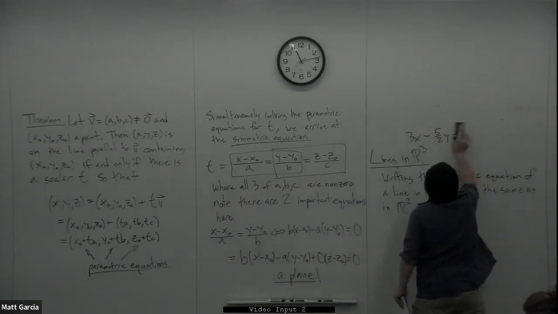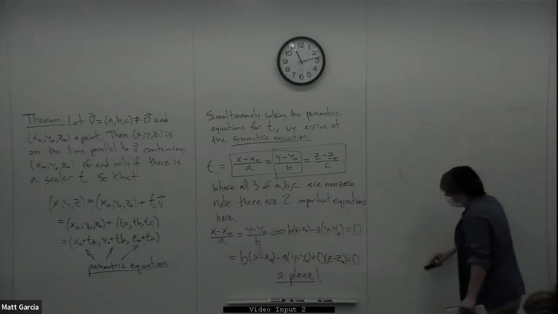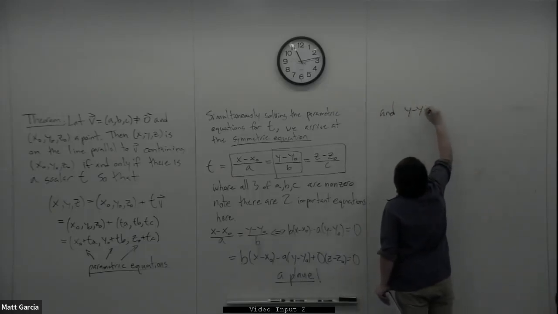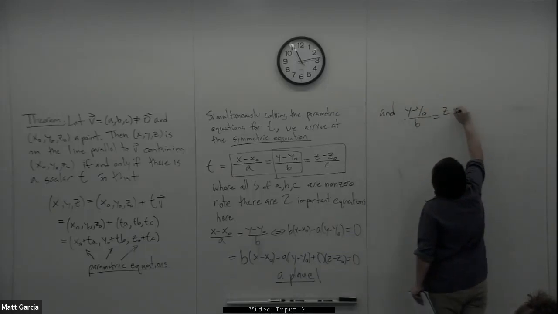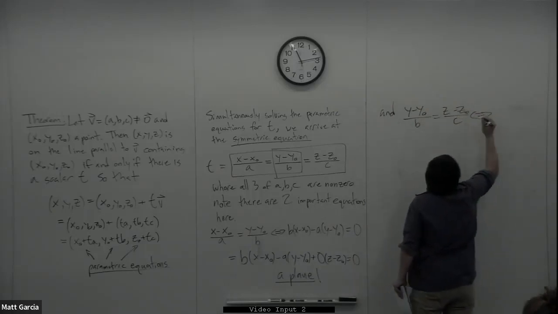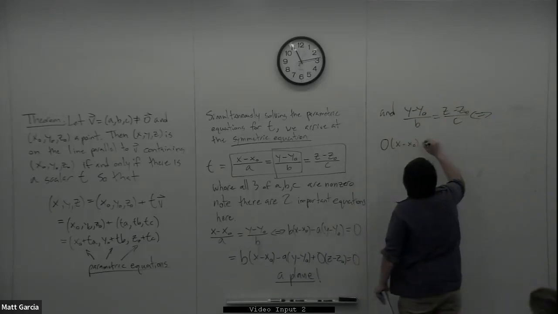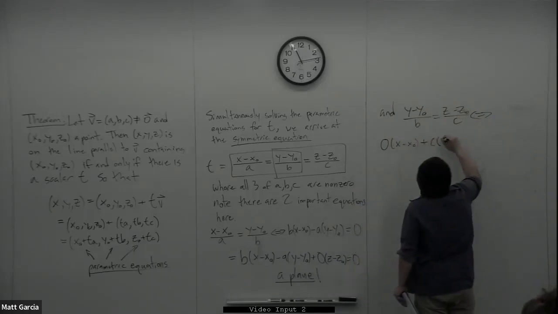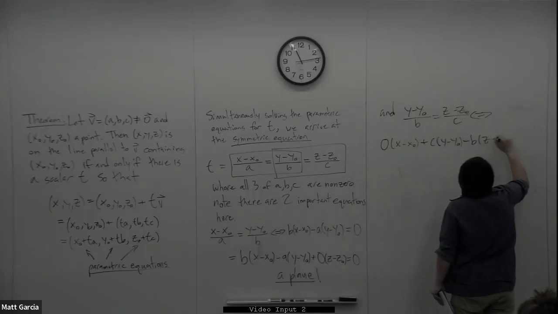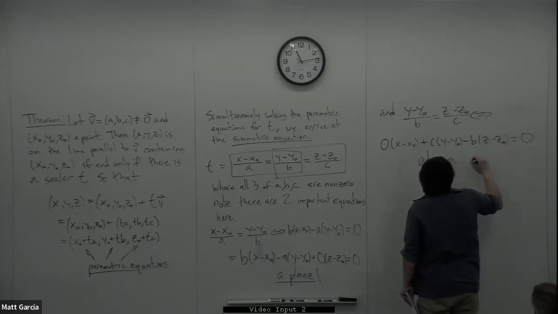Similarly, let's take the other equation that's implicit in the symmetric equation. (y minus y naught) divided by b equals (z minus z naught) divided by c implies, or is the same as, 0 times (x minus x naught) plus c times (y minus y naught) minus b times (z minus z naught) equals 0. Also a plane.